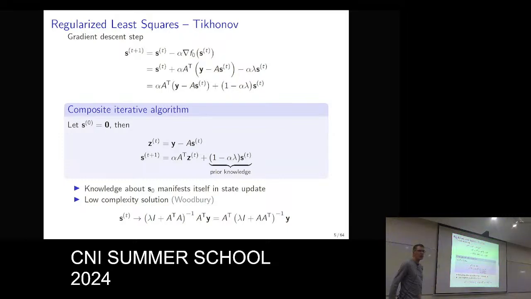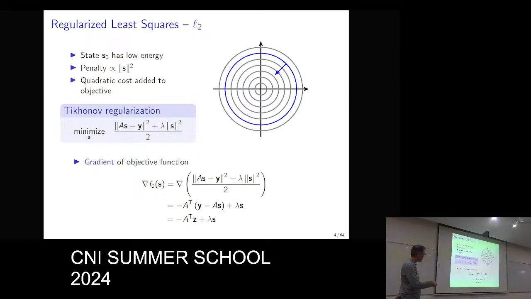Alpha here has to do with the step size you want for your gradient descent algorithm. So this is the gradient that we had on the previous slide. The gradient of my quadratic function is going to be A transpose times z, or y minus As, the residual, and you also have this contribution over here. Okay, so again, this gradient comes from this over here.